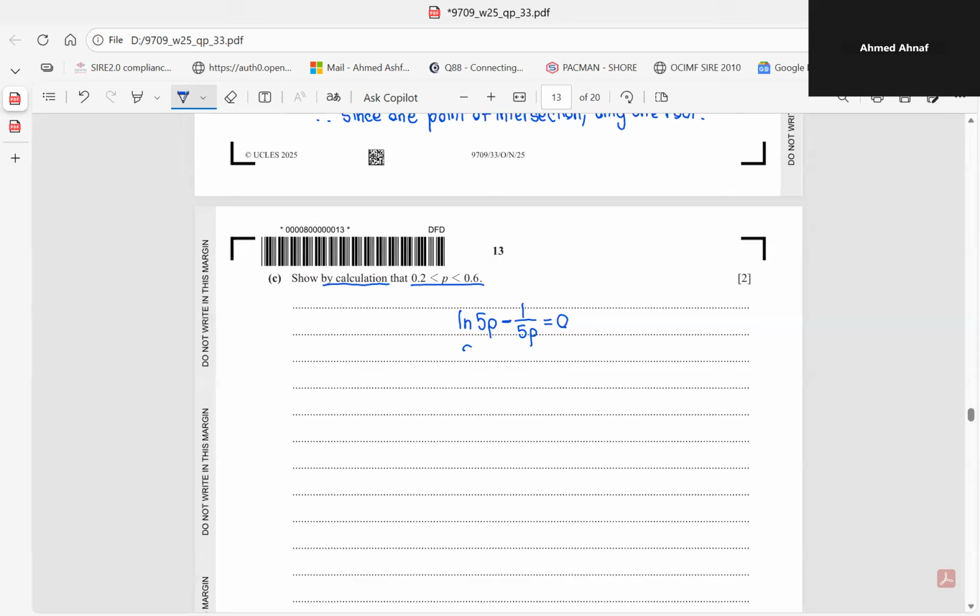All right, and now we're going to be subbing in the upper and lower values. So I will sub in p equals 0.2. Okay, so just substitute it in, type it into a calculator. So ln 5 times 0.2 minus 1 over 5 times 0.2. You would get exactly -1, which is less than 0.